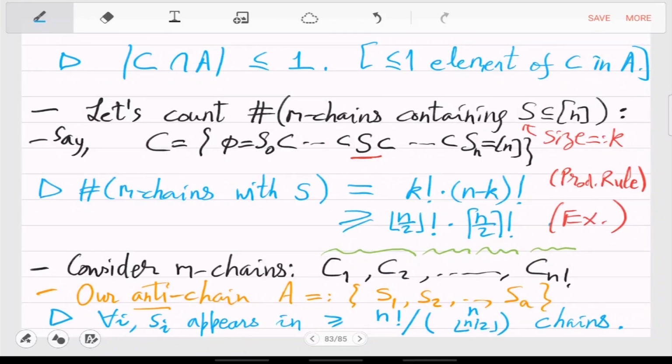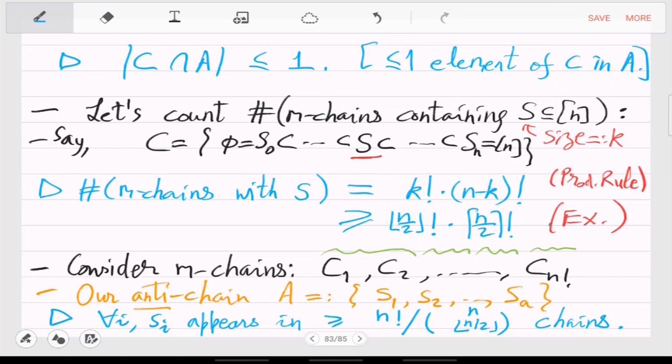I am making this claim here that for the sets in the anti-chain, you pick any set, the green part which I have drawn, whichever one corresponds to S1, is of size at least n factorial divided by n choose n by 2. Can you prove this?